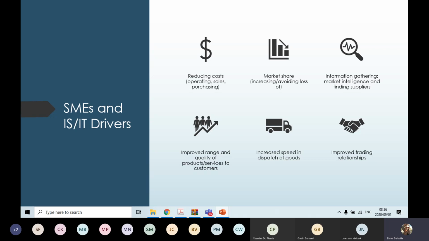So one would be reducing costs. It would reduce costs, of course, in terms of your operations, in terms of your purchasing and your sales if you use IT. In terms of market share, avoid losing out on market share. In terms of these two, I can use one example, and that is the website we looked at in the prior lecture, which was about Fred's Footwear, a company in the Eastern Cape that sold men's, children's, and women's footwear. When we looked at their website, we noticed that they didn't actually allow us to purchase online.